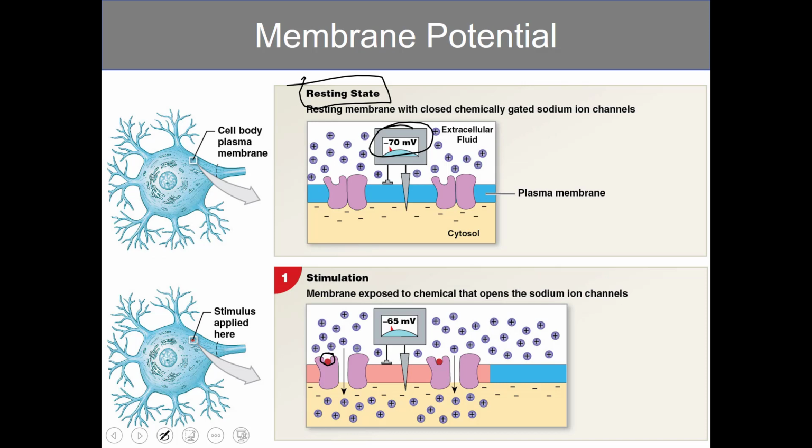And we know that opposite charges attract. So as sodium floods into the cell, it causes a change in the transmembrane potential from -70 to -65. That is a depolarization, a change from a more negative number to a less negative number. We are depolarizing this segment of the cell.